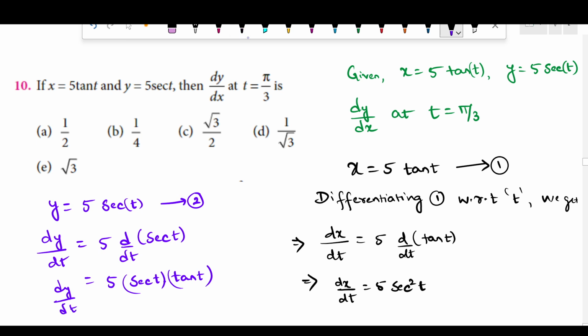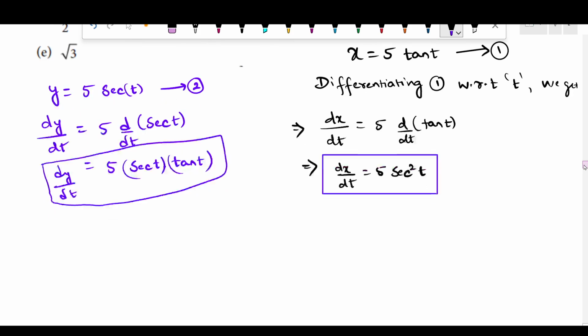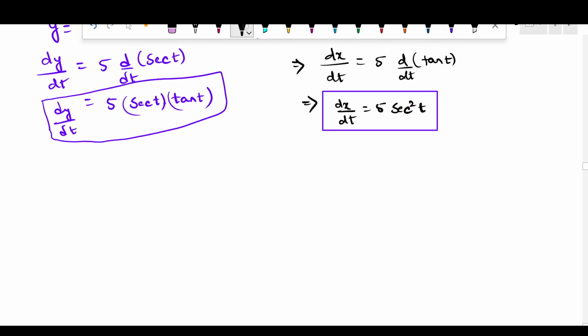So we got this and got this as well. This is clear to all of you, right? Now the next step is we want to find dy by dx. Dy by dx is equals to dy by dt upon dx by dt, right?